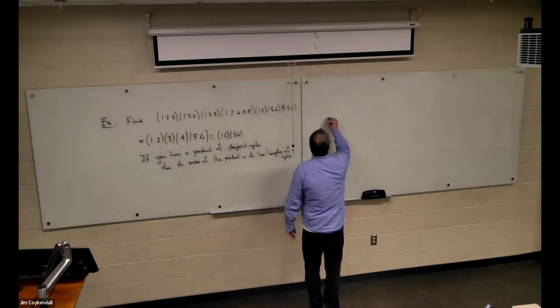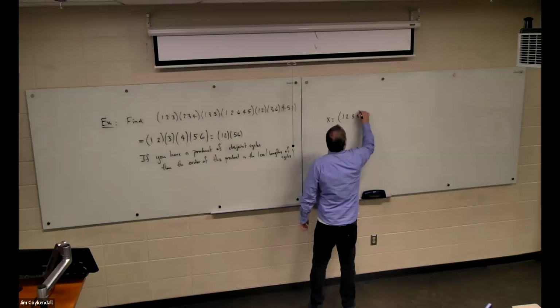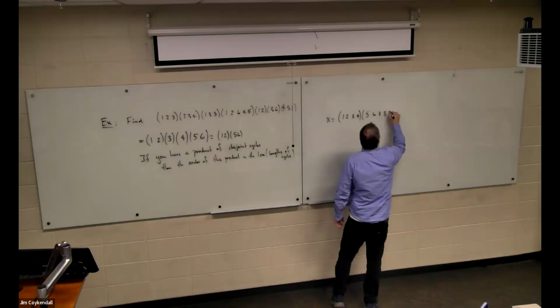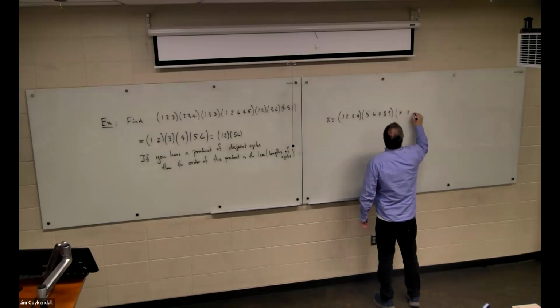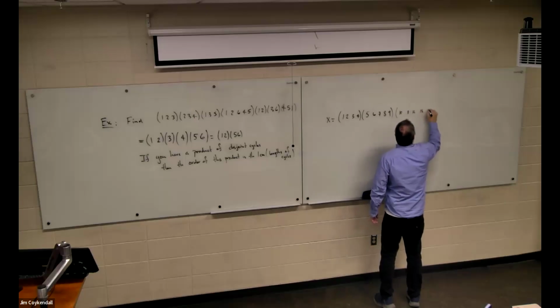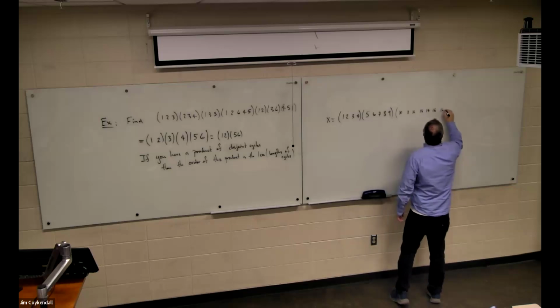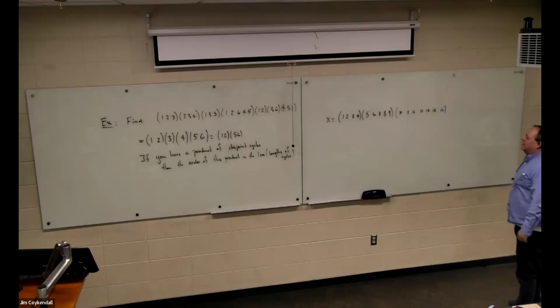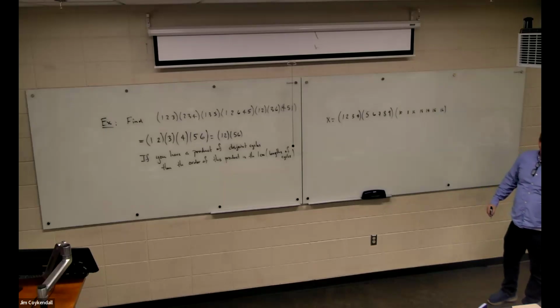For example, if X is, let's say, the cycles (1 2 3 4)(5 6 7 8 9)(10 11 12 13 14 15 16), what's the order of this one?